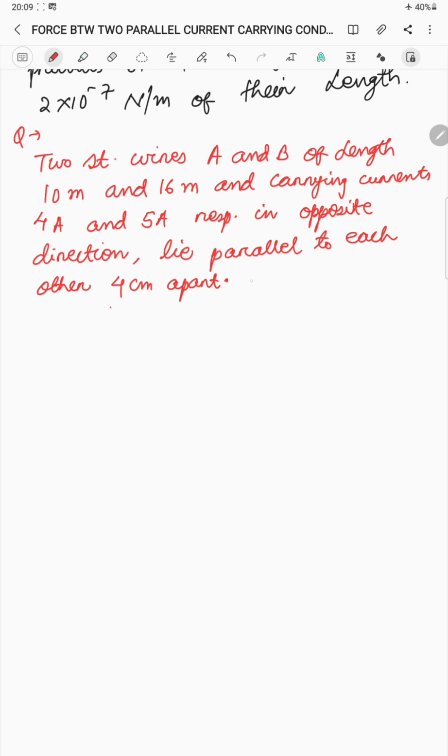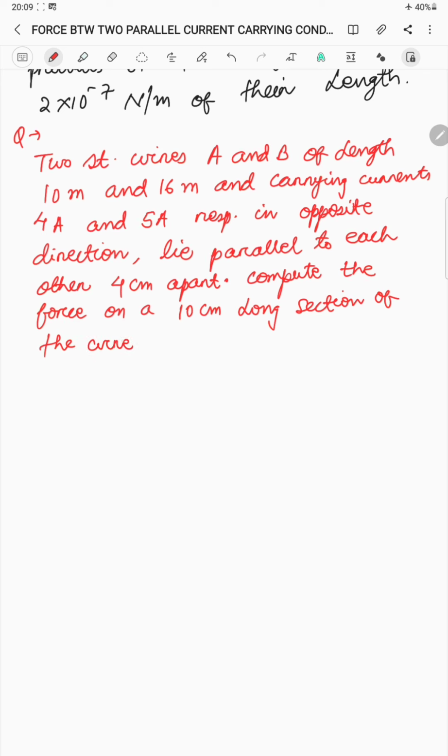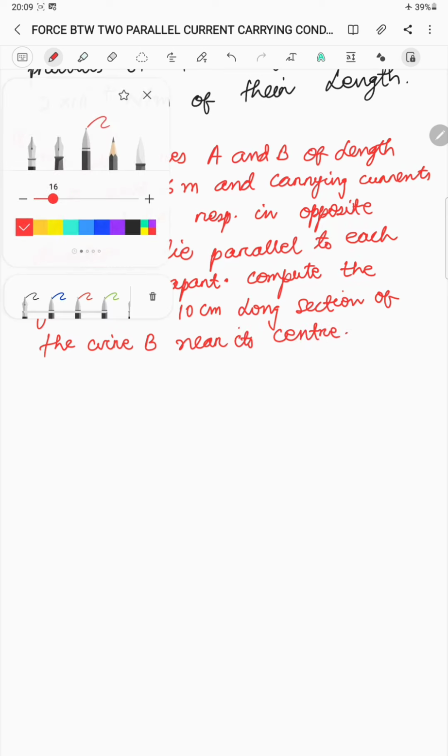Okay, the question is compute the force on a 10 centimeter long section of the wire B near its center. Okay, so this is the question.